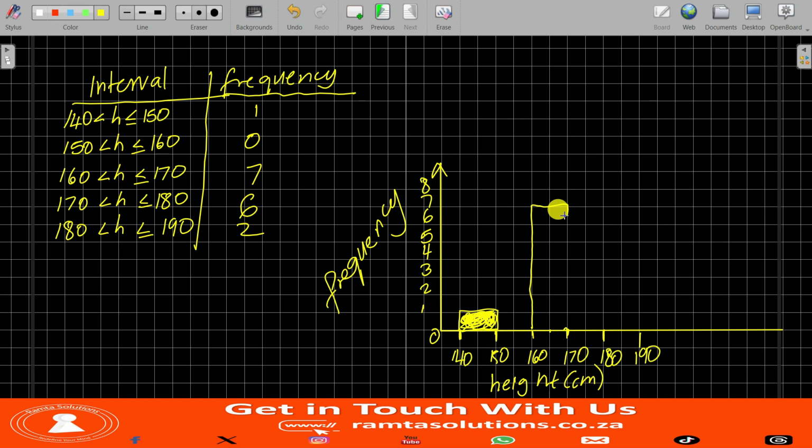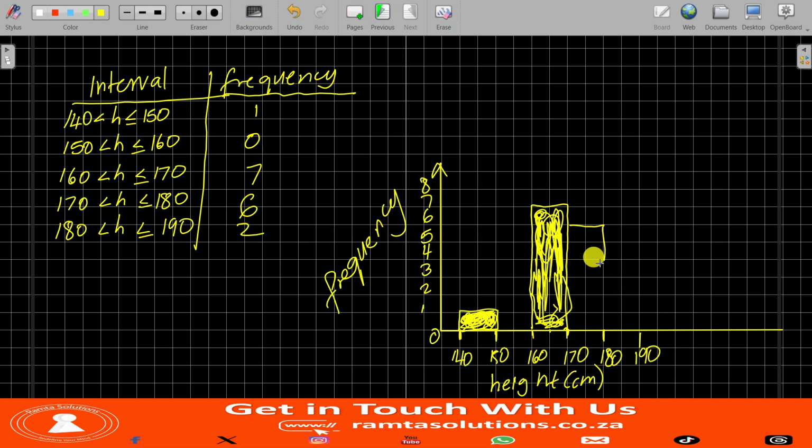Now we're going to 170 to 180. The frequency for 170 to 180 is 6. Where is it? 6 is here.